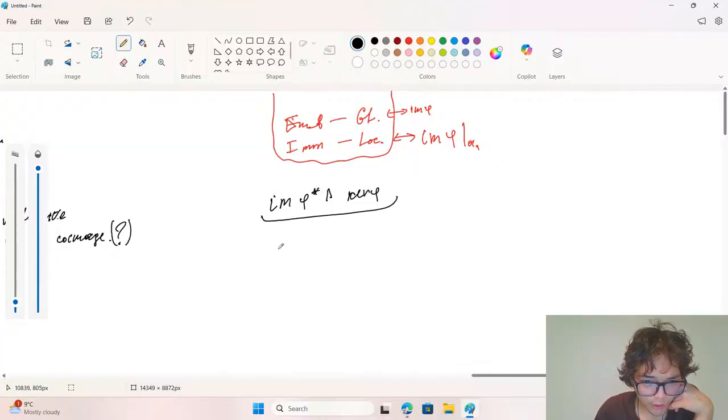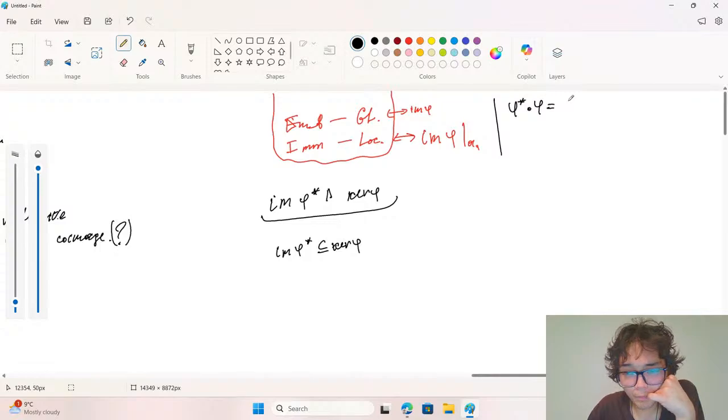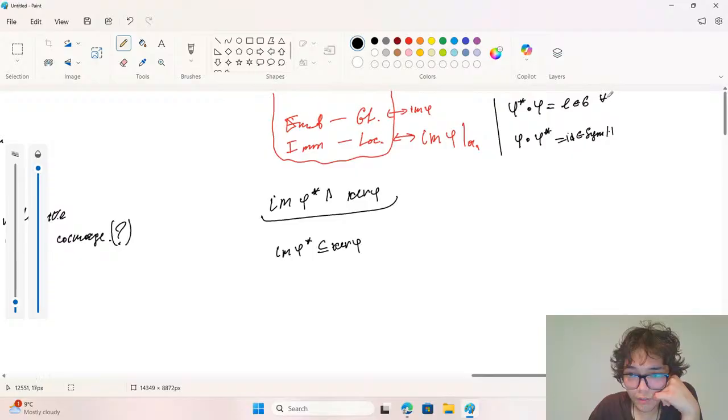Similarly, I could show that the image of phi star is only contained in the kernel of phi, but I couldn't show the inverse, because I defined phi star so that its composition with phi is the identity element of G, and vice versa, phi composed with phi star gives the identity permutation, which is an element of the symmetry of A. It holds for any g and for any permutation psi in the symmetry of A.